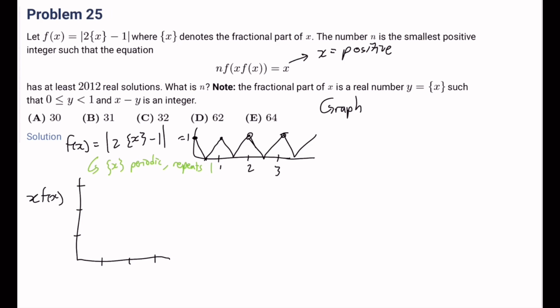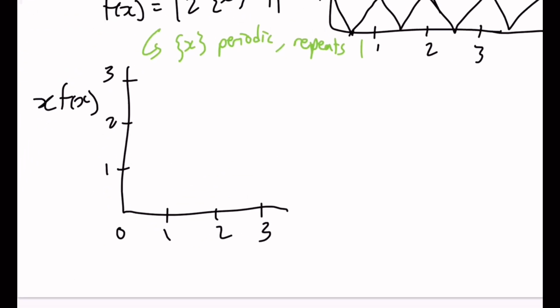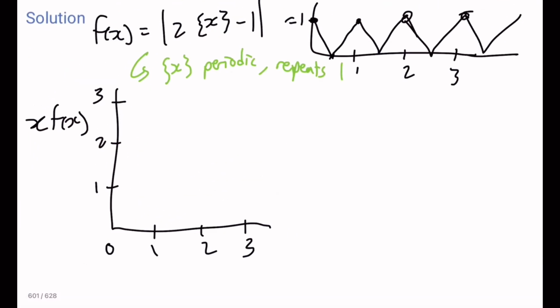First of all, let's try to go from 0 to 1/2. So it's x times f of x, and when it's half, it's going to be 0. So 0 times anything is 0, and at 0, that's 0 times 1, which is still 0.